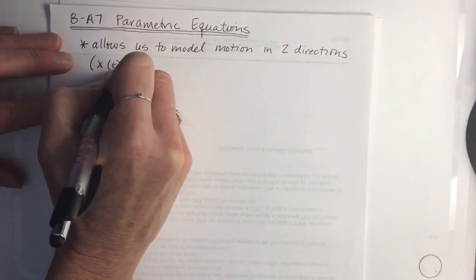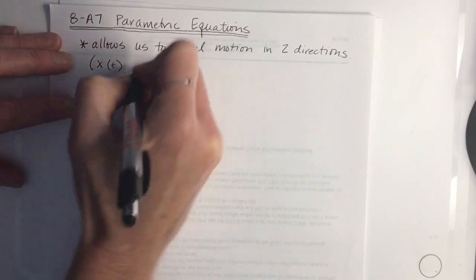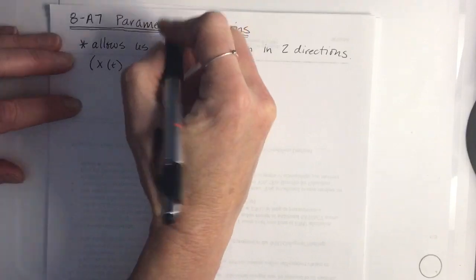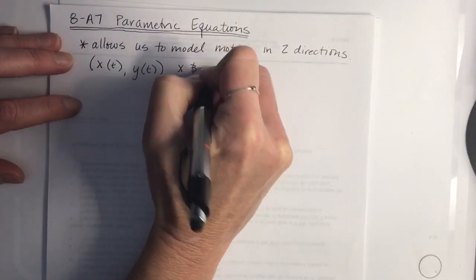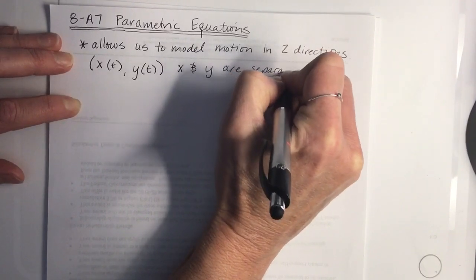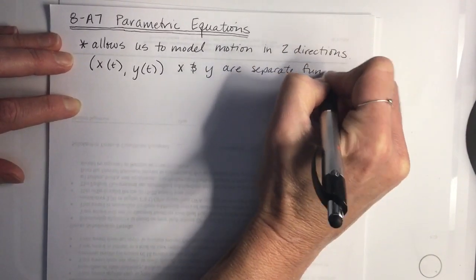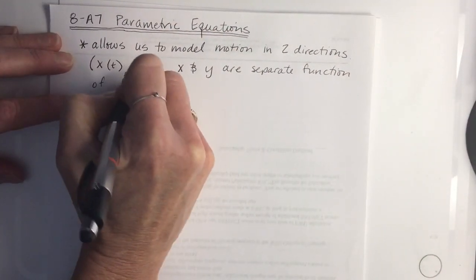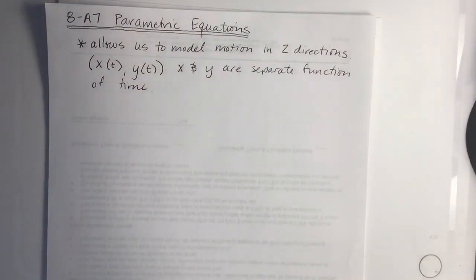So x changes with respect to time, and then so does y, totally independent of one another. So x and y are separate functions with respect to time. Okay, so that's like super duper cool, right?